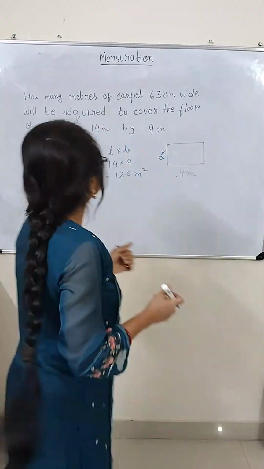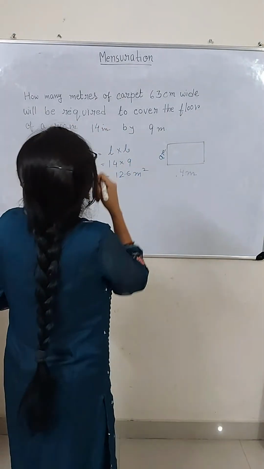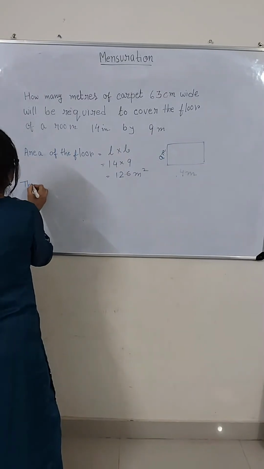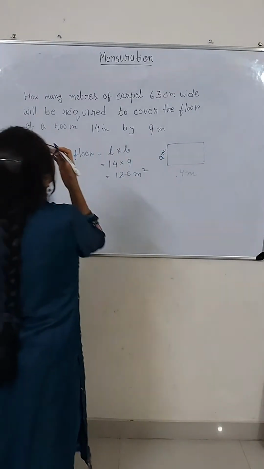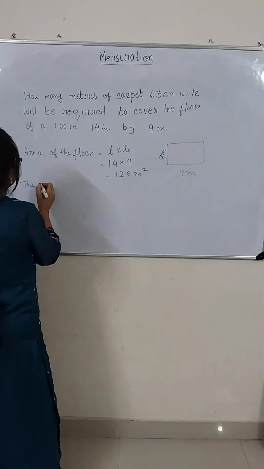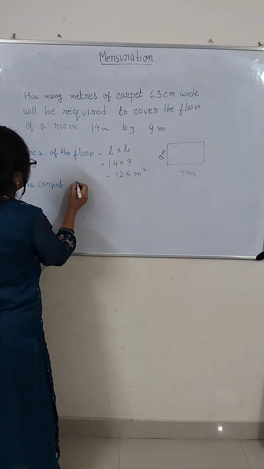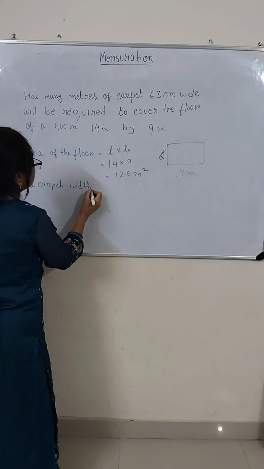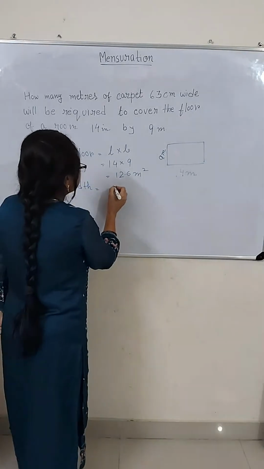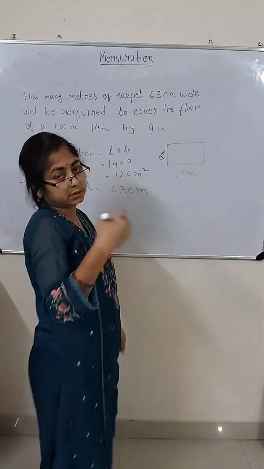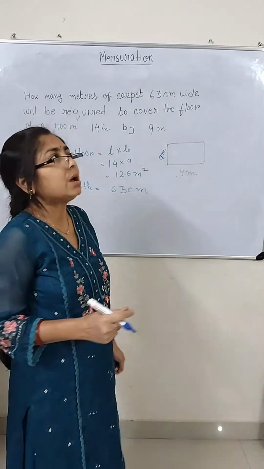So the carpet width is equal to 63 centimeter, and I converted centimeter into meter.